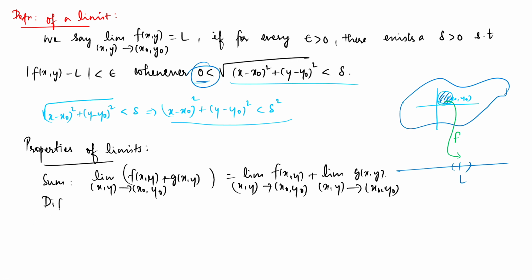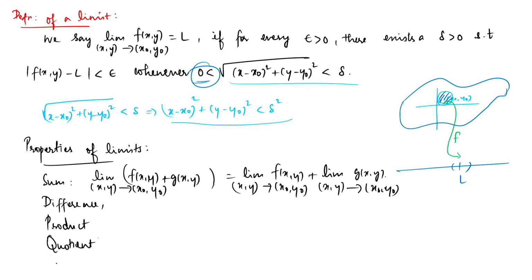Similarly, your difference rule, product rule, quotient rule. When you talk about the quotient rule, you have to be very careful that your denominator has to be a non-zero quantity.